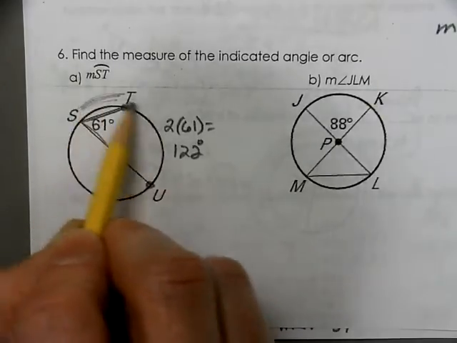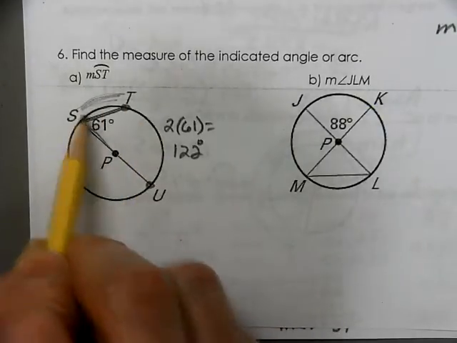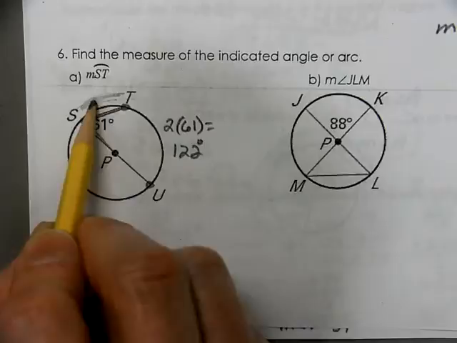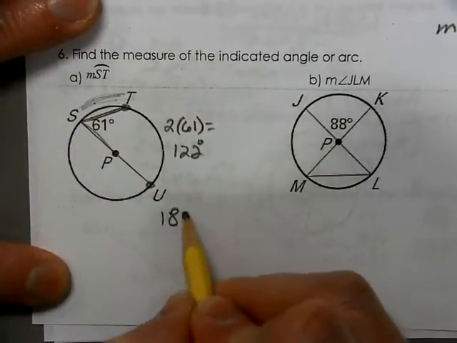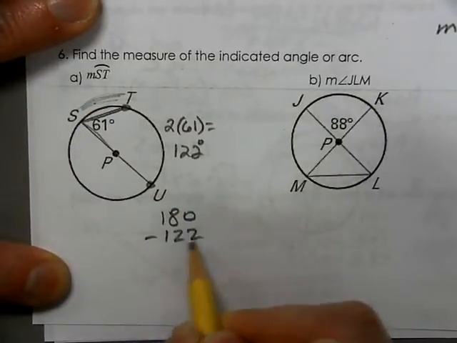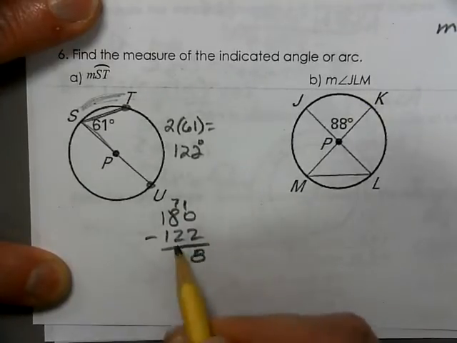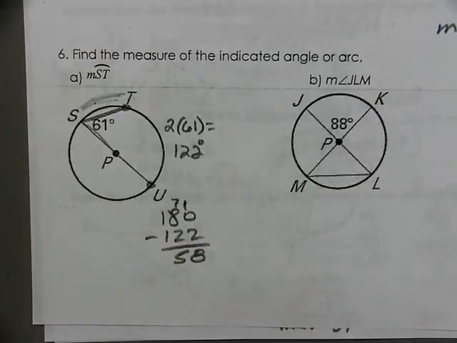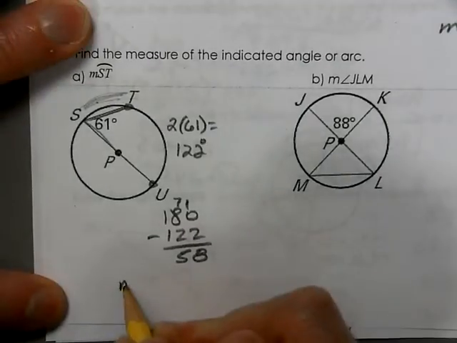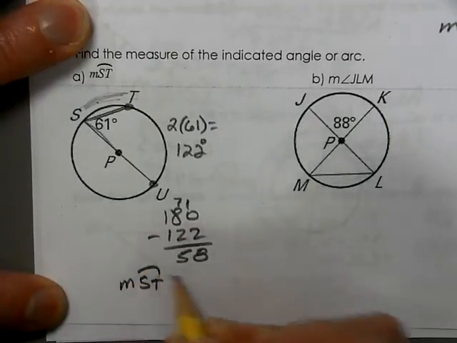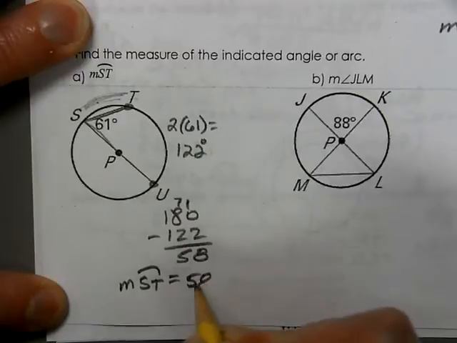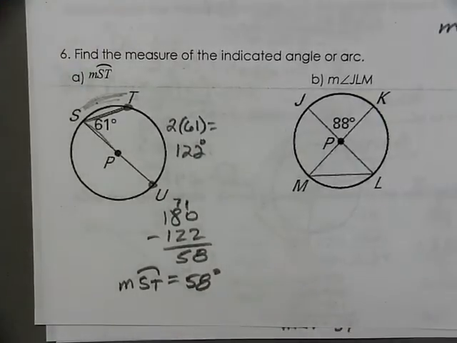SU is 180 because it's half the circle. So this is whatever it takes to get to the full circle. So 58. The measure of arc ST is 58 degrees.